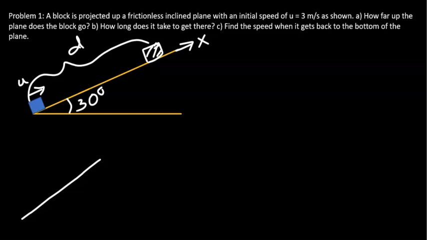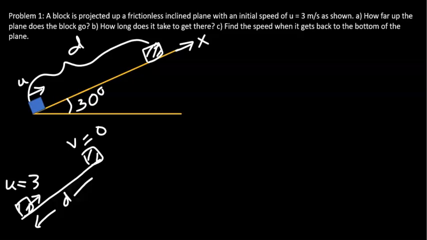Of course, we have a set of dynamical variables, the initial speed, which is 3 meters per second, and then at the point where it stops, the final speed is quite simply 0. Now we want to determine that distance, but we need to know the acceleration.